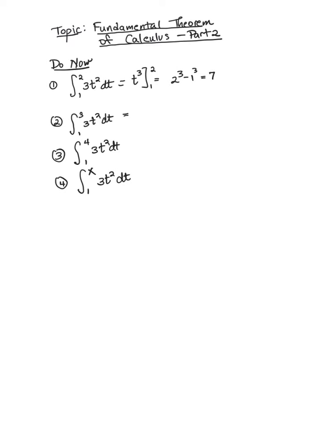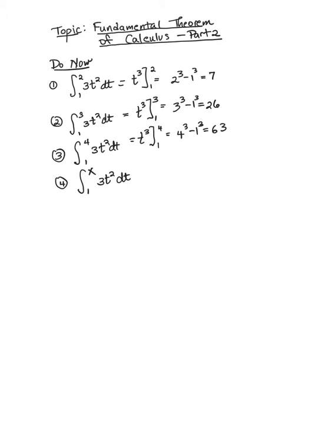In the second one, the antiderivative is still t cubed, but from 1 to 3, by the first fundamental theorem, we get 3 cubed minus 1 cubed, which gives us 26. In the next one, the antiderivative is still t cubed from 1 to 4, and we get 4 cubed minus 1 cubed, which gives us 63.